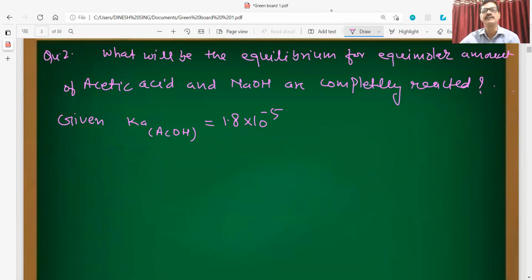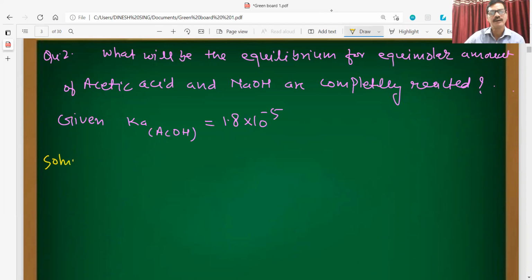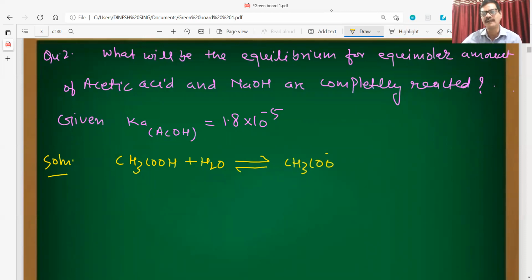So now again, just see the solution. Acetic acid is a weak electrolyte. So when we dissolve it in water, an equilibrium will be established, giving CH3COO minus plus H positive, aqueous.